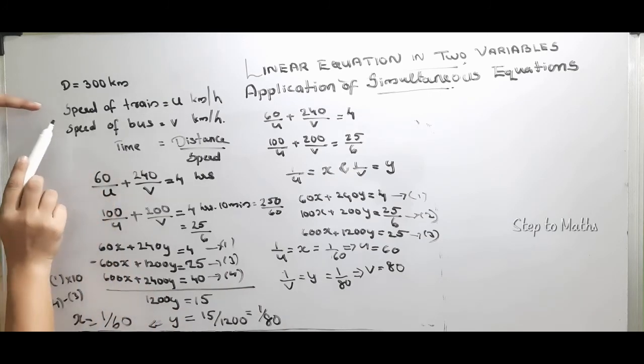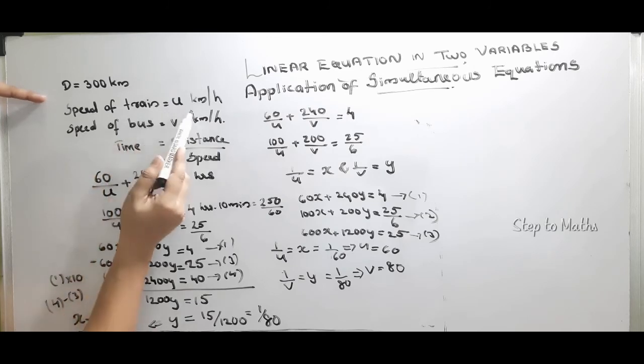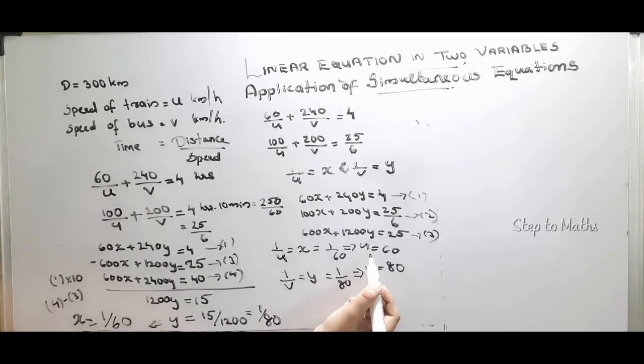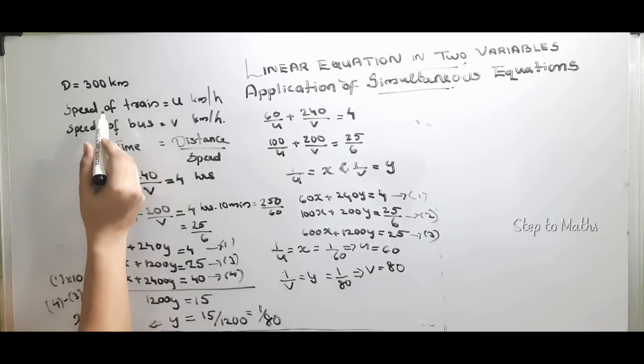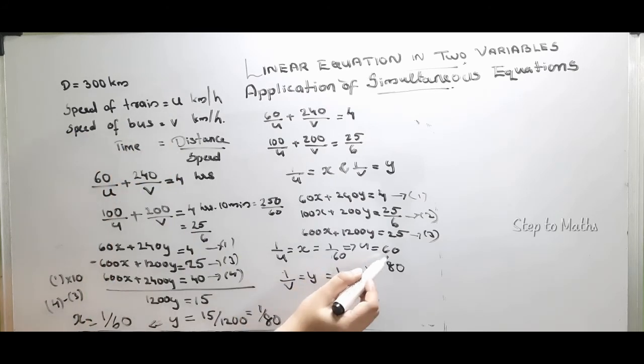Check our first assumption. Speed of train is u km/h. The value of u is 60. That means the speed of train is 60 km/h and the speed of bus is 80 km/h.